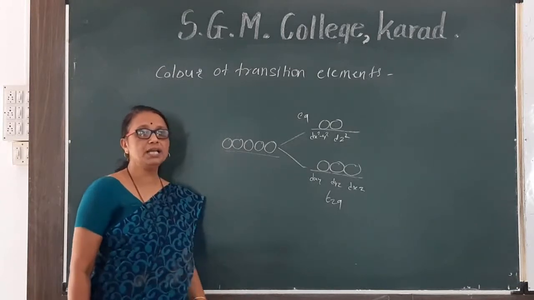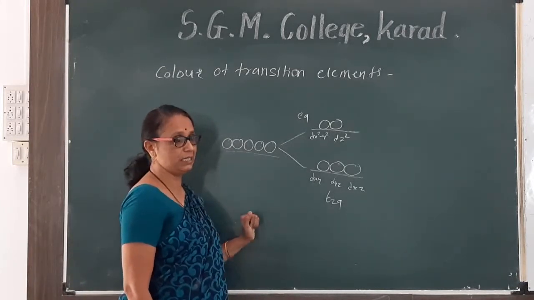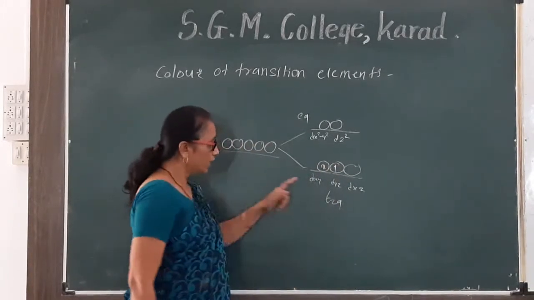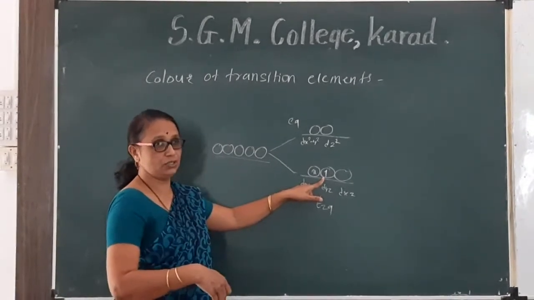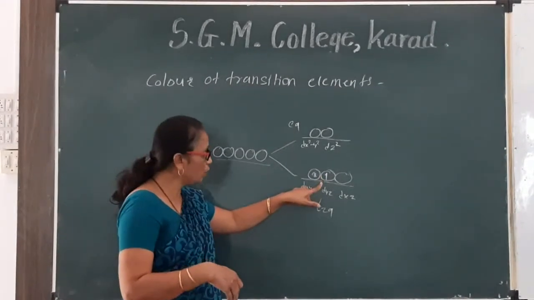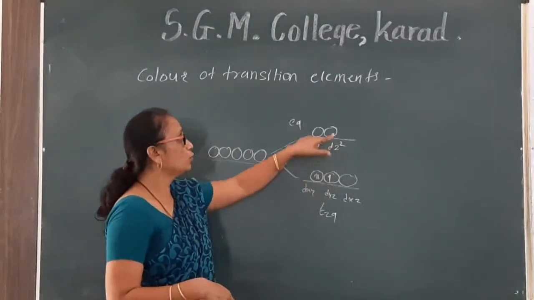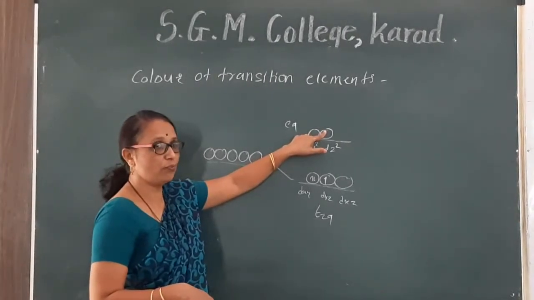If there are unpaired electrons in the (n-1)d orbitals of any transition element, then that unpaired electron, when it absorbs energy, promotes or transits from a lower energy orbital to a higher energy d orbital by the absorption of energy.